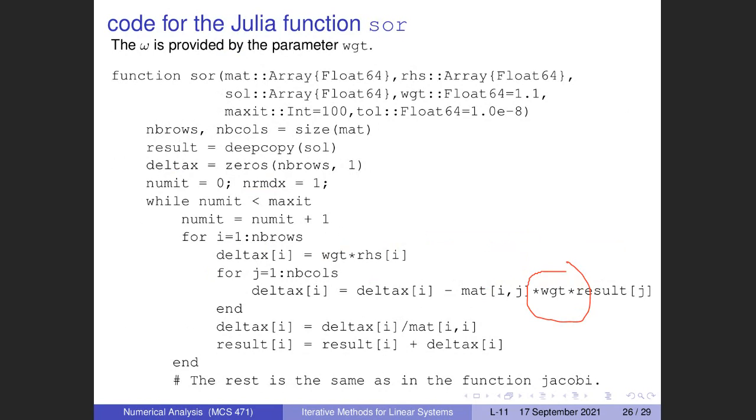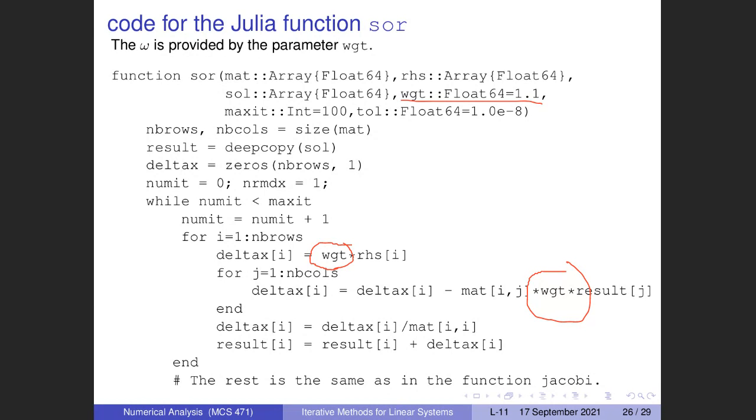So the over-relaxation is done here by the default 1.1. So this is a new default value for a parameter. So a new parameter, we give it a default. The method is very similar to the method of Gauss-Seidel, except that we have the weight parameter in two places.